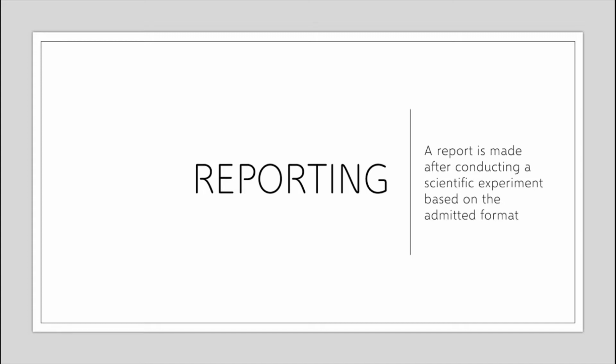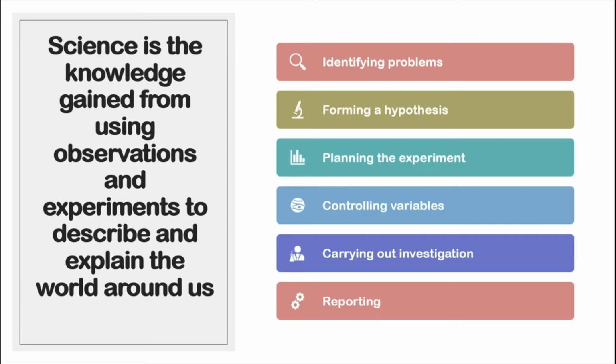So, once again, bear in mind that science is the knowledge gained from using observations and experiments to describe and explain the world around us. There are several steps to gain the knowledge from science.